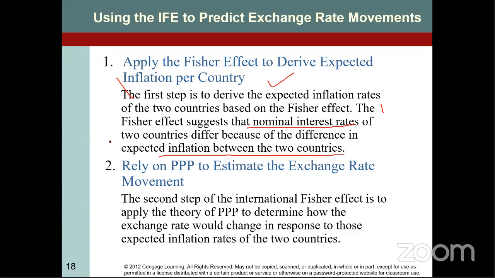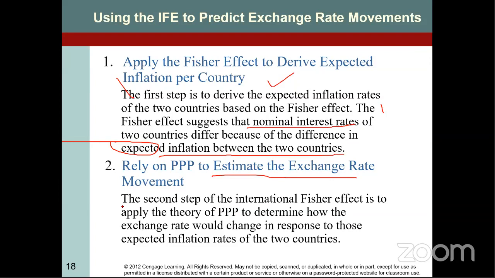If we are talking about expected inflation, then you are talking about the future. You have to predict the future of inflation rates between two countries. Now the problem is you have to predict. If you can predict the future of these interest rates, then you know the value of the foreign exchange rates. Now with triple P, we can estimate the exchange rate movement.